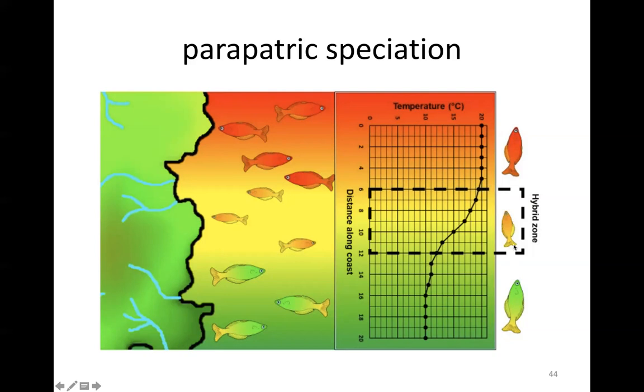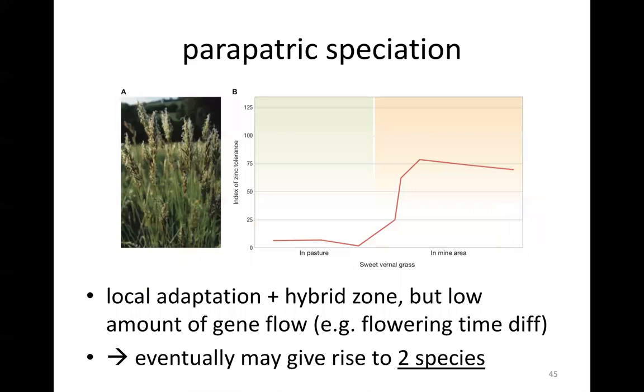And hybrids might be worse off, or alternately, they could also be adapted to this potentially more heterogeneous environment. Let's say, and in the book, there are examples of both situations.